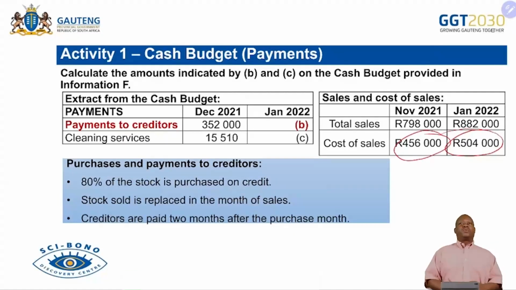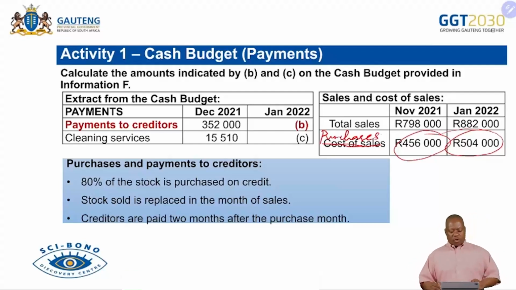That's how we are going to find our credit purchases: 80% of the cost of sales, because our cost of sales is our purchases. I can simply replace my cost of sales and write purchases. When dealing with this topic, remember, cost of sales is equal to purchases.